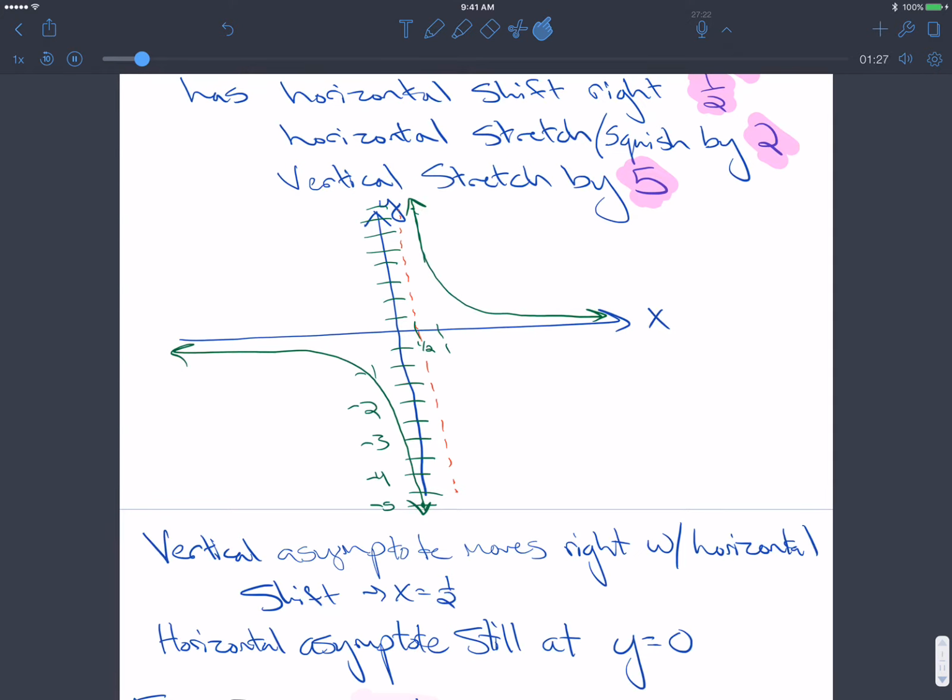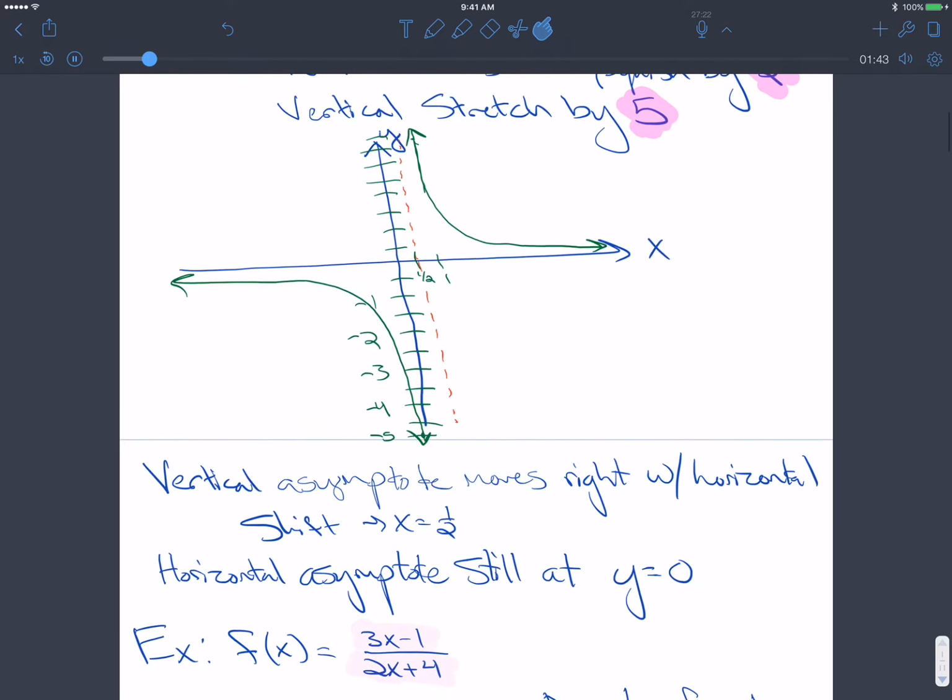That's the same as before. Because we didn't have any vertical shift to the problem, we just shift it over and then we make it a little bit stretched by the 2 and the 5. And so that's about the simplest case you can get.